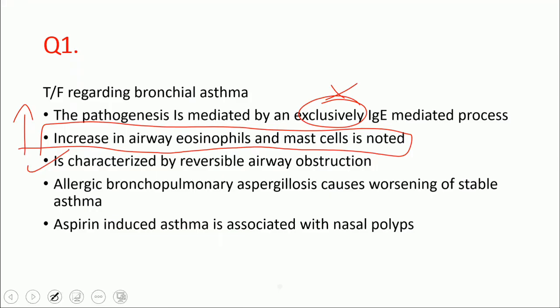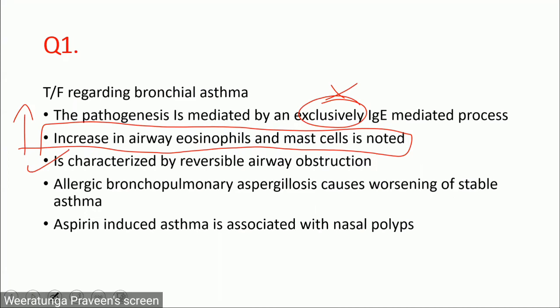The next thing to remember is that we now recognize certain factors that make asthma worse. One of the classical things is reflux; remember that as an MCQ point. Gastroesophageal reflux disease is a well-known precipitant or trigger that makes asthma worse. We also know that dust mite is a very famous thing that makes asthma worse, and so is allergic bronchopulmonary aspergillosis.